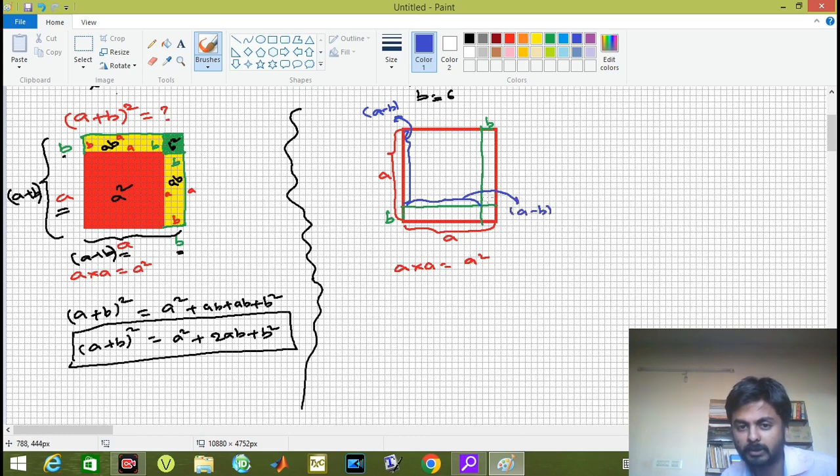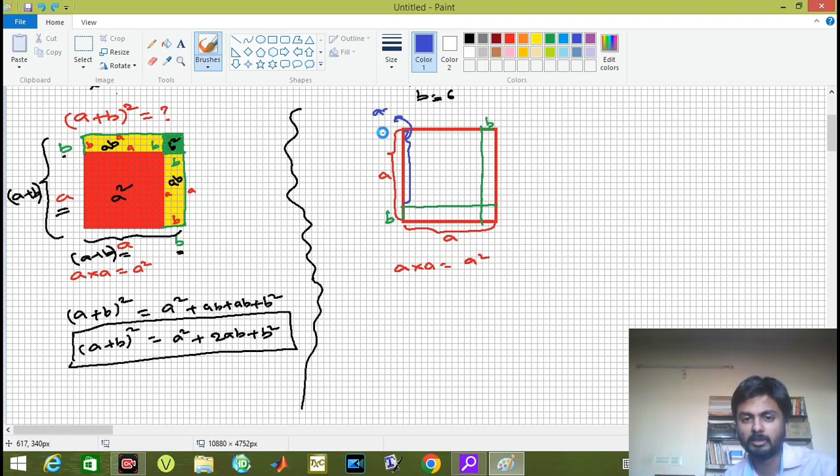Since I want this small area, I am changing the color. I want to find only this small area.